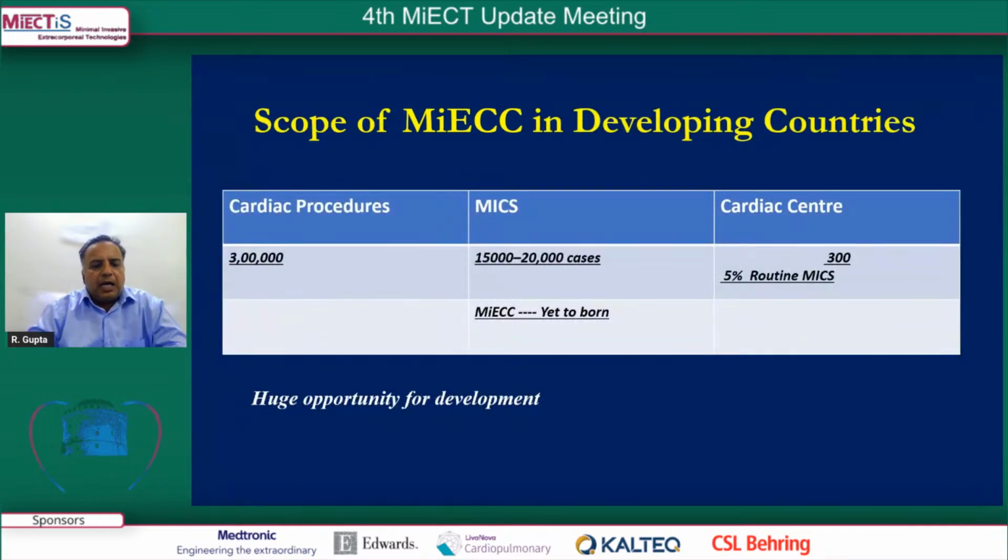In this slide, I will share the data from India, which shows the potential of its use. Overall, we have done 3 lakh cardiac operations in the last 1 year period. Out of this, 15 to 20,000 cases were done as minimally invasive cardiac surgery. We have a total of 300 centers all around India, and the centers are growing every day.